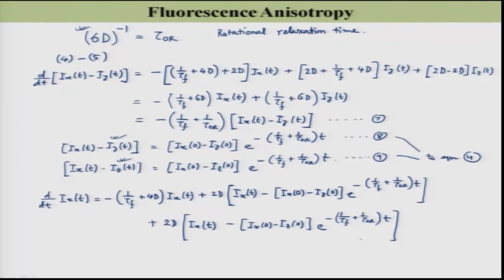Now, you can solve it. So, you see this is a big equation. So, I do not want to solve it here. I will just write this answer. If you solve it, what you will get is I x t equal to I 0 by 3 e to the power minus t by tau f into 1 plus 3 I x 0 minus I 0 divided by I 0 e to the power minus t by tau r.